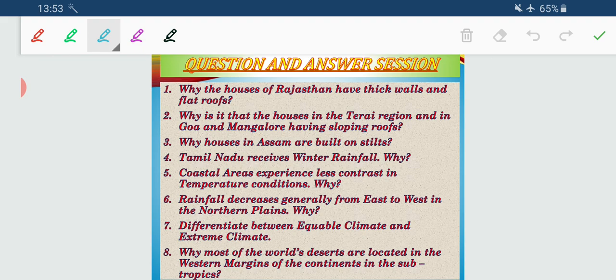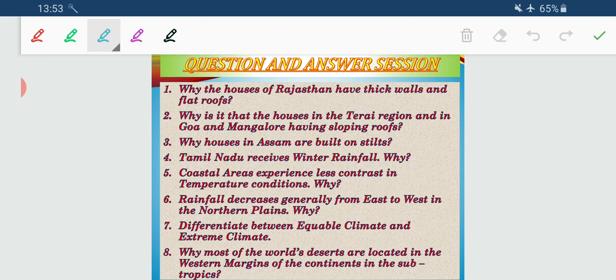So first is collection of water through rainwater harvesting, and second is using it for drying the grains. That is why they have flat roofs. And if they had tilted roofs, then obviously the water would slide down and the collection of water would be a bit difficult.